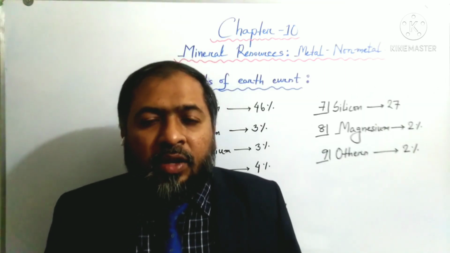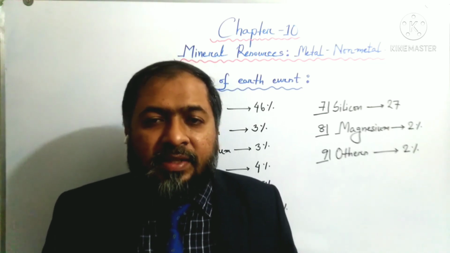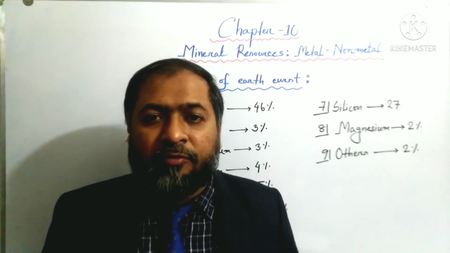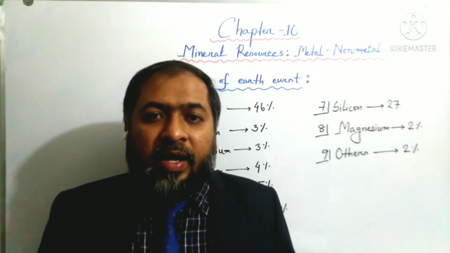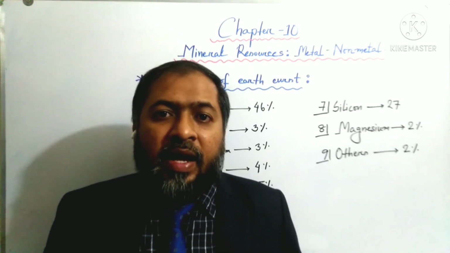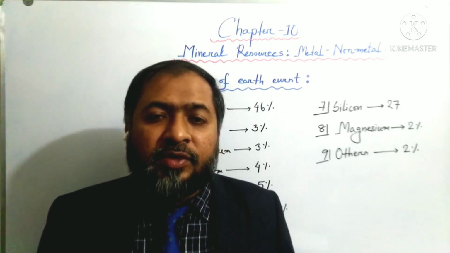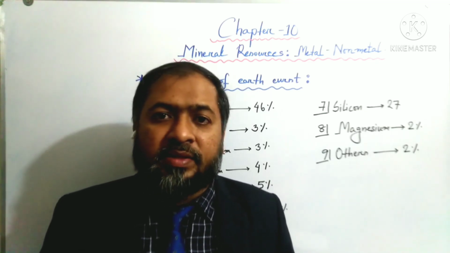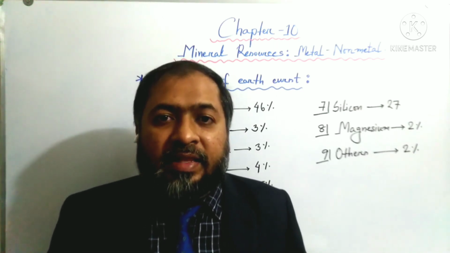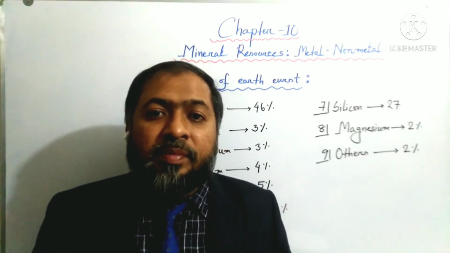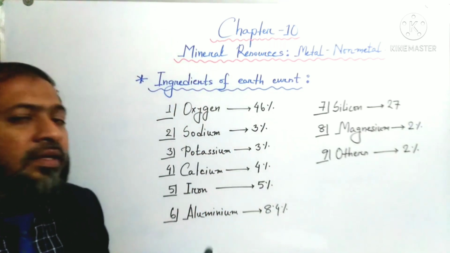We obtain all our necessary metals, non-metals and metalloids from the earth. Especially, we are living on the surface of the earth, and the surface of the earth consists of different types of metals and non-metals. The outer layer of earth is known as earth crust, and earth crust is actually made of these substances.